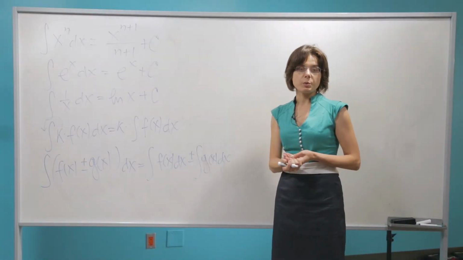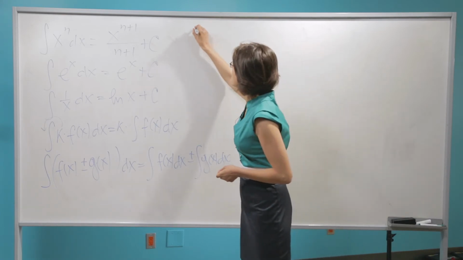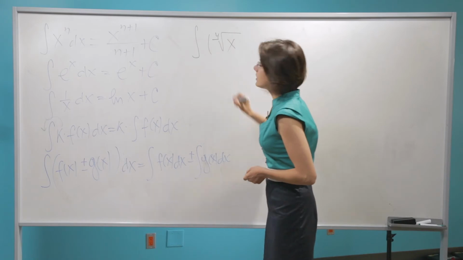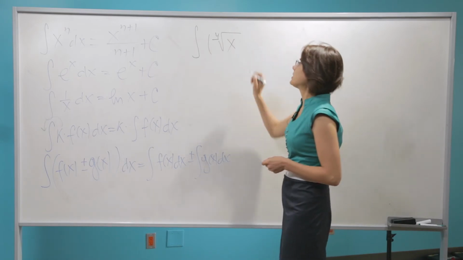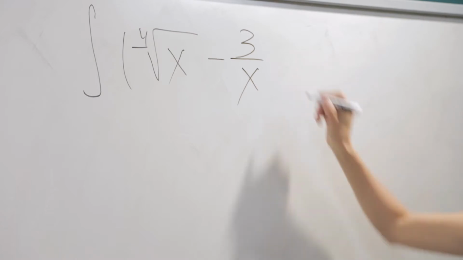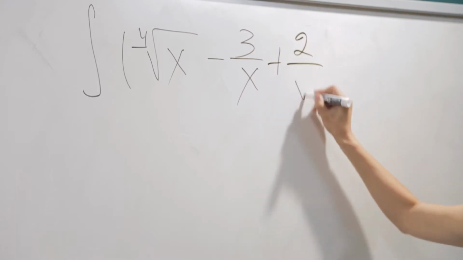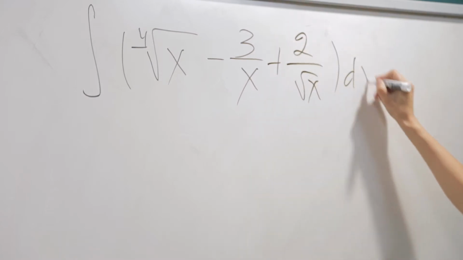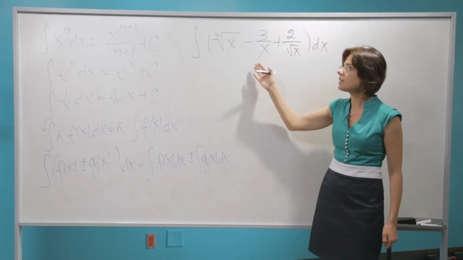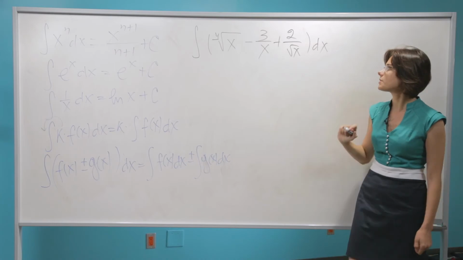Let us integrate the following function. The integral of the 4th root of x minus 3 over x plus 2 over square root of x dx. Again, by the properties of integration, I can rewrite this as three different integrals.